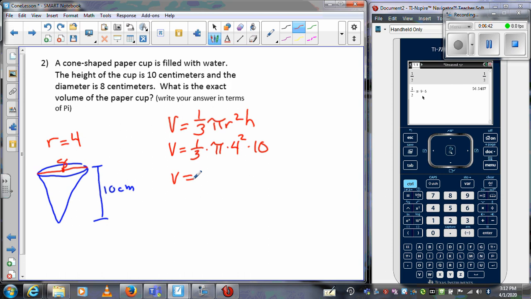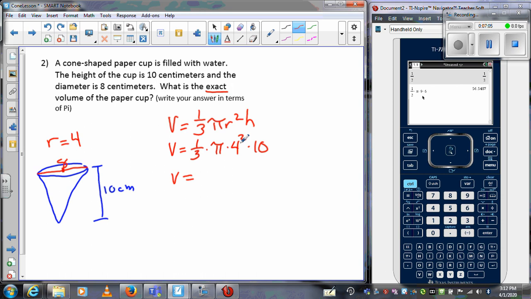And let's see how they want the answer here. They would like the answer as an exact answer, which means write your answer in terms of pi. So that means we're not going to be using the pi button on our calculator. There's a couple ways you could do this. We could do 4 squared.